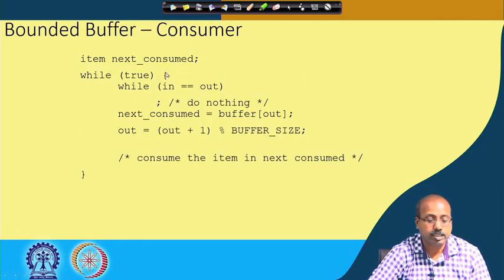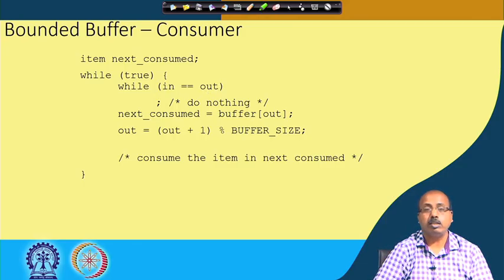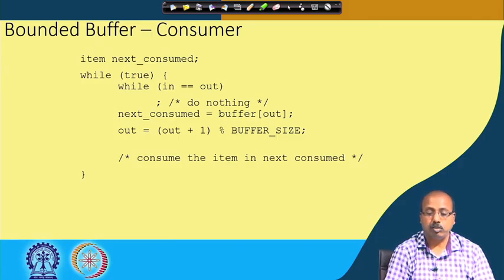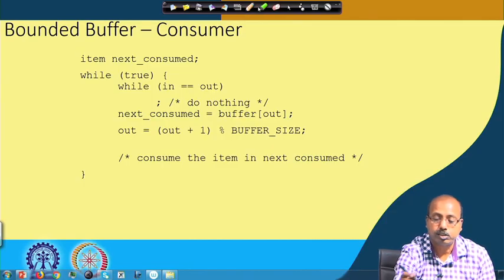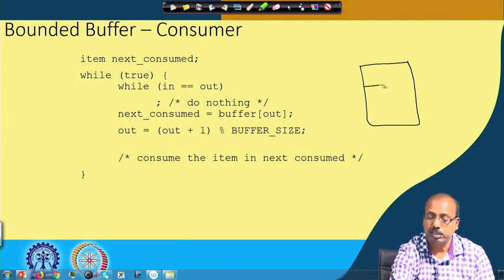That routine is here, next consumed. If in equal to out, that is, in and out are the same, then the slot the producer is going to write onto is the slot the consumer is also pointing to. If this is the buffer and in equals out, it is somewhere here.